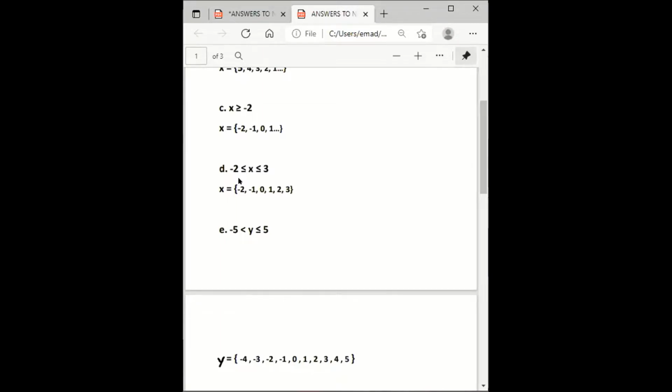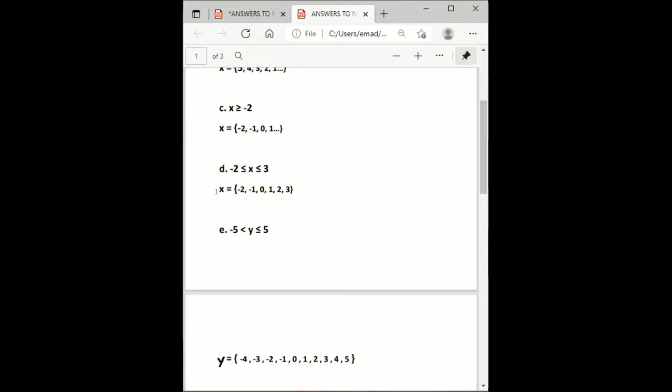Reason being that the symbol in between this x here and this -2 has a bar, meaning we have to include the -2 in our solution set. Likewise to this second stage, where the symbol in between this x and this 3 has a bar, meaning that also 3 shall have to be included in the solution set.